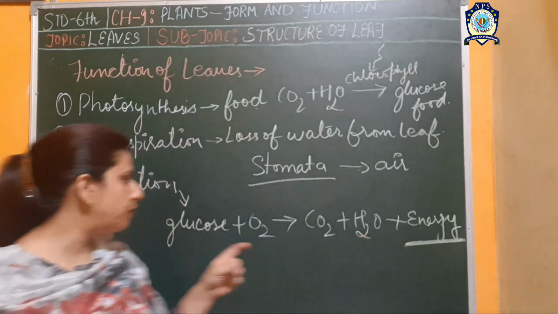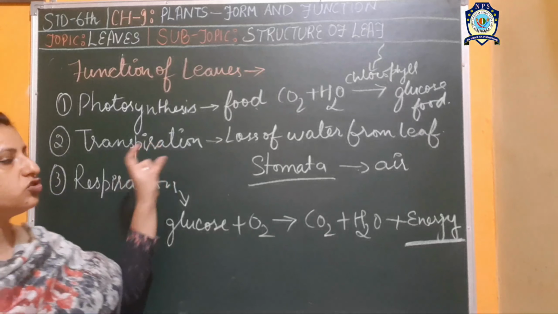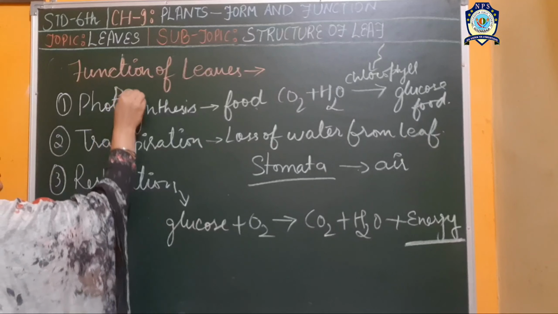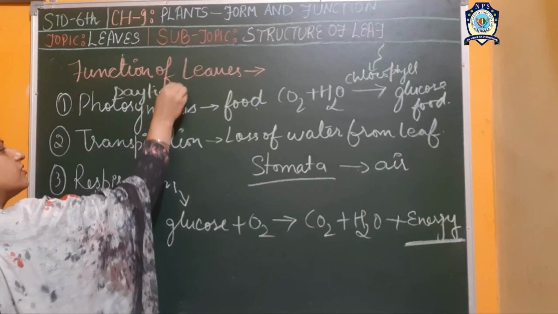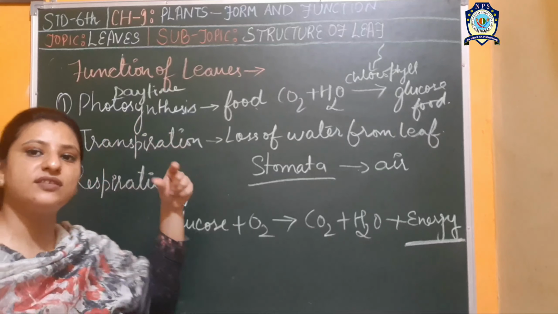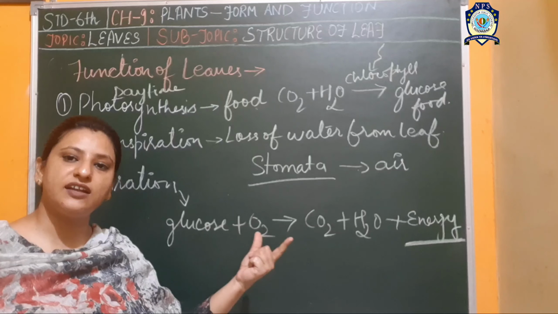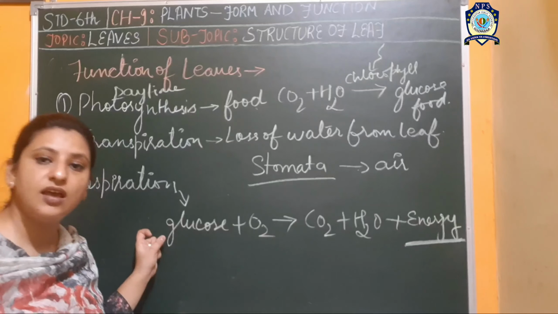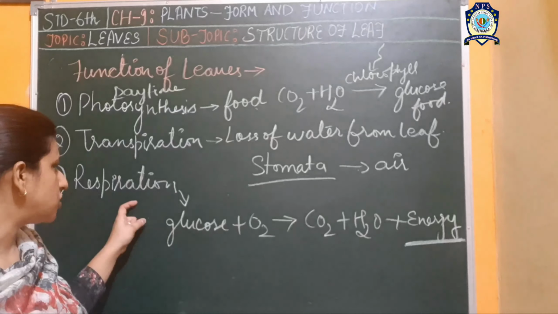Now in plants, photosynthesis also takes place. Photosynthesis takes place in the daytime, because the stomata open in the presence of sunlight, and sunlight is in the daytime. But at night, what happens? The plant undergoes respiration. Why?